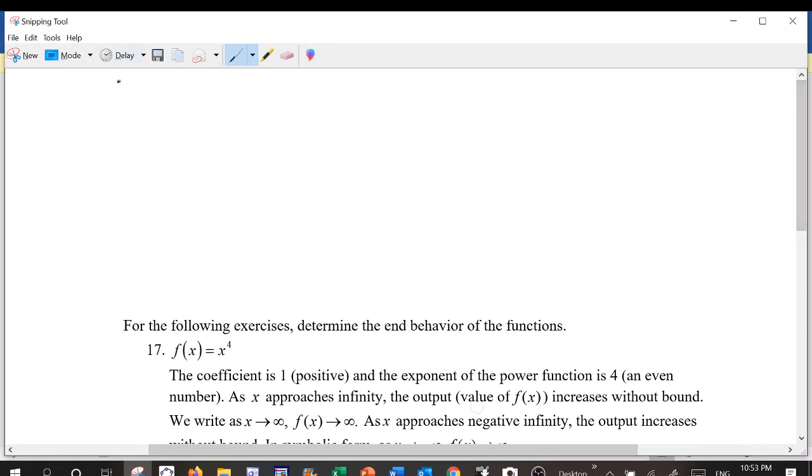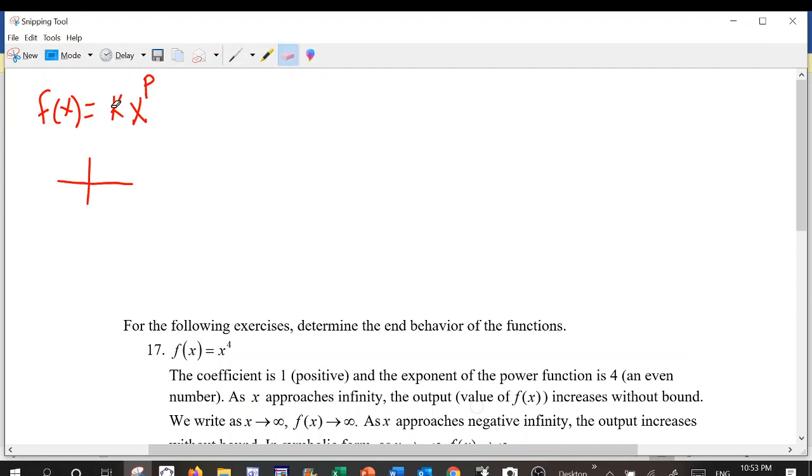So it turns out that a function like the power function, right, when p is an integer, negative or positive integer, then we can talk about the end behavior of it.